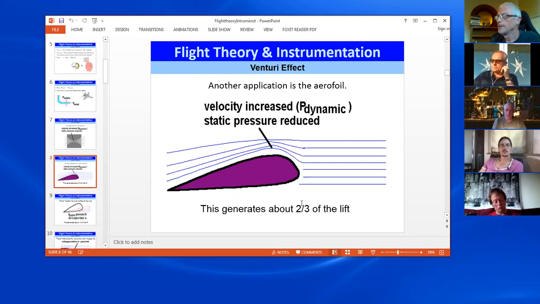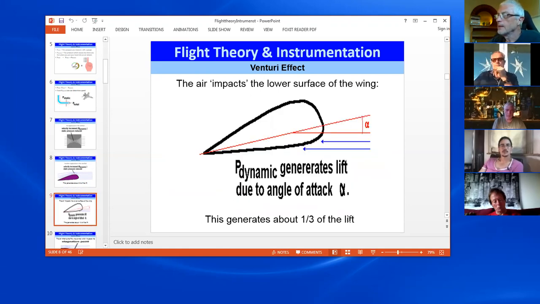Obviously wings are different, but if you just have that ratio, you'll be about right. The other third of the lift is dynamic lift due to the angle of attack of the wing. If you push the wing through the air, the air impacts against it, and that in itself generates a certain amount of lift.